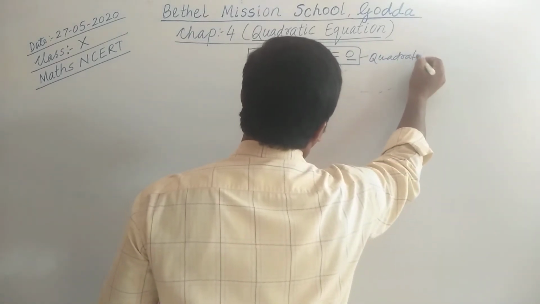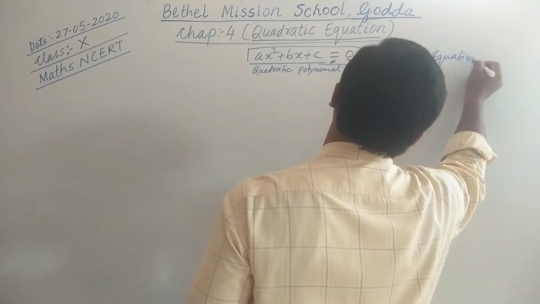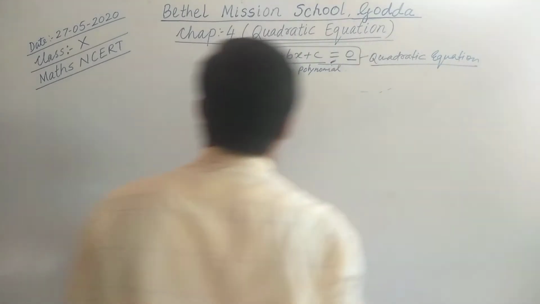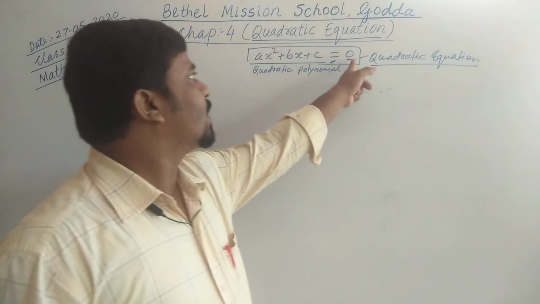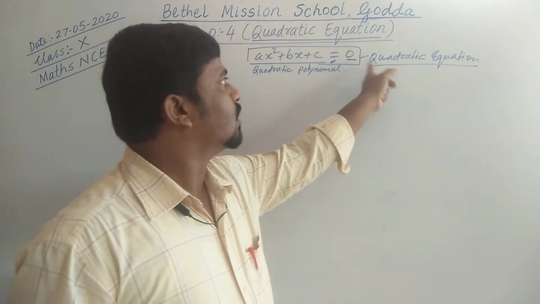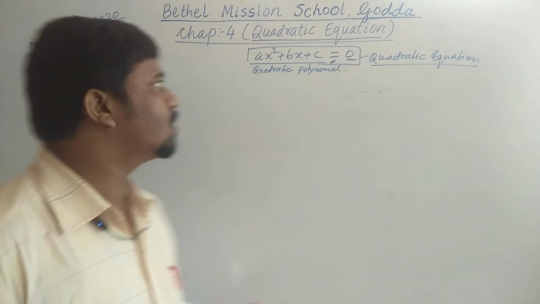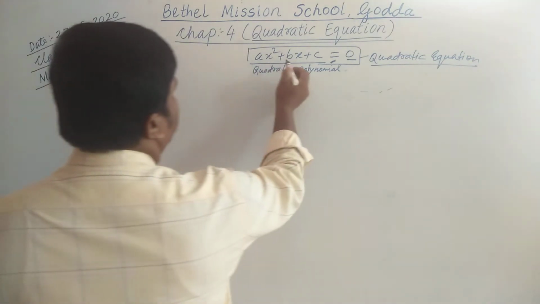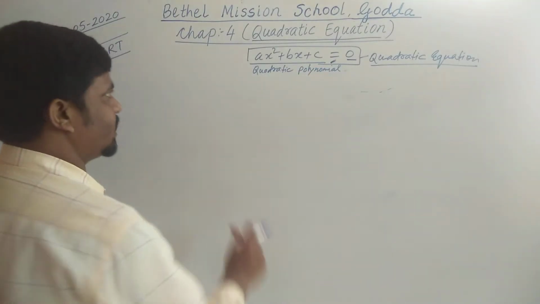It is called a quadratic equation because this quadratic polynomial is compared with 0. So now you understood, ax square plus bx plus c equal to 0 is the form of a quadratic equation.